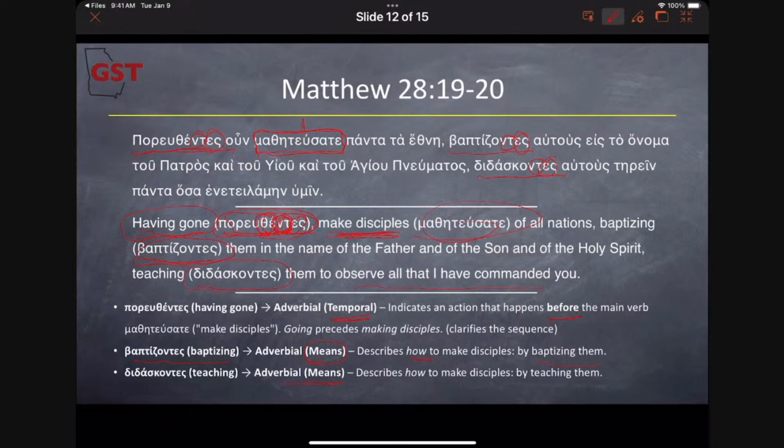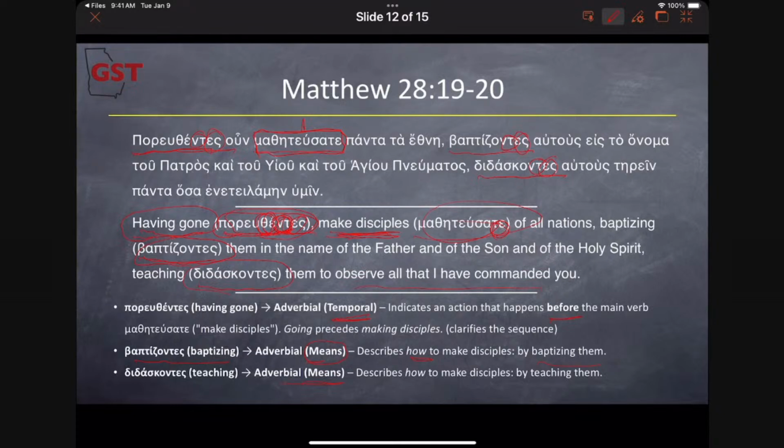Actually, mathetusate is, if I remember, an imperative. We can get to imperative later. It's a command to make disciples. That's the only command in this verse. Everything else is associated with how that occurs or when that occurs. It occurs, number one, when you go. Number two is how, or by the means that you do it: by baptizing them and by teaching them.